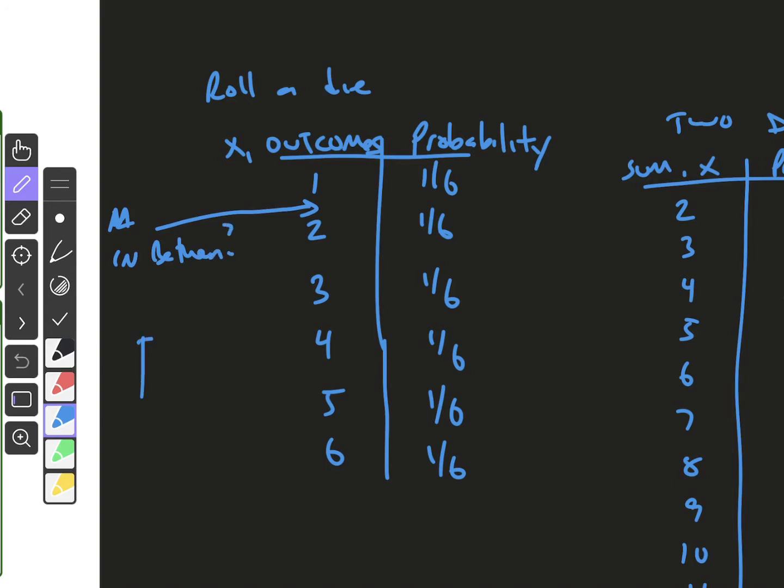Everyone remembers a die, right? You've got 1, 3, 6, all those. If I give you two outcomes, 1 and 2, does there exist an outcome in between? I'm hoping we all say, of course not. There's no 1.5 on a die. So that's, again, what makes it discrete. There are no middle outcomes.